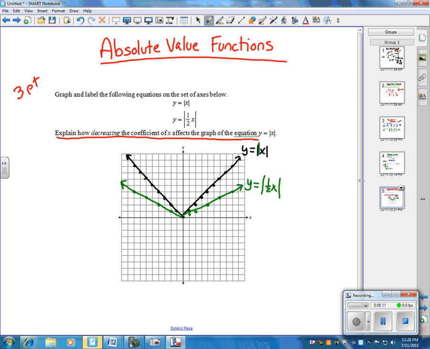So we could put something like: a graph where a is less than 1 is more open than when a, that coefficient, equals 1. For this, it's very important that we put an explanation and talk about how the change has been made and what it does to affect the graph.